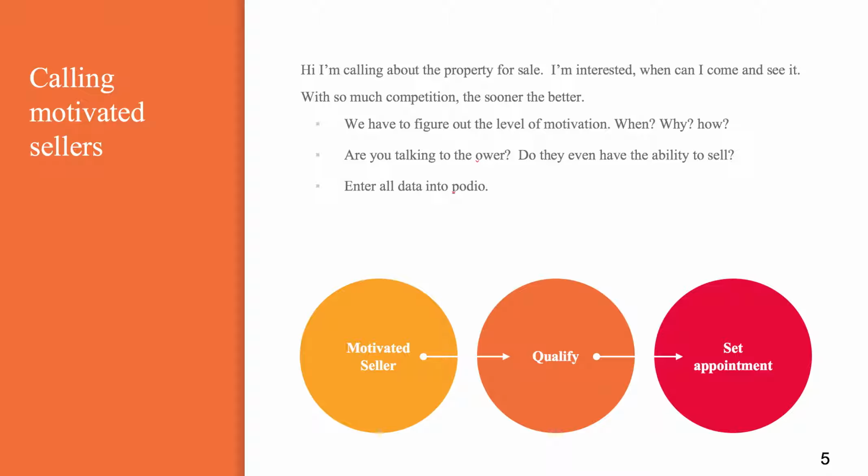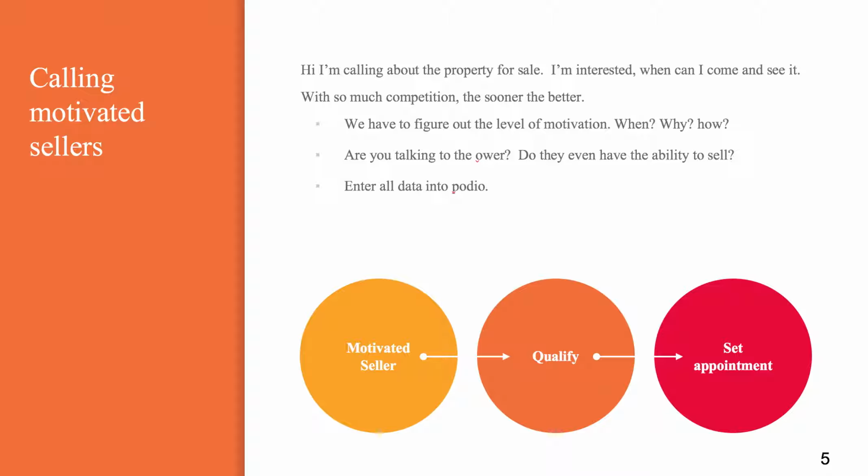When calling motivated sellers, you want to figure out their level of motivation. When do they want to sell? Why do they want to sell is huge. You need to find out their pain and their primary objective. Why are you selling? What happens when you sell?